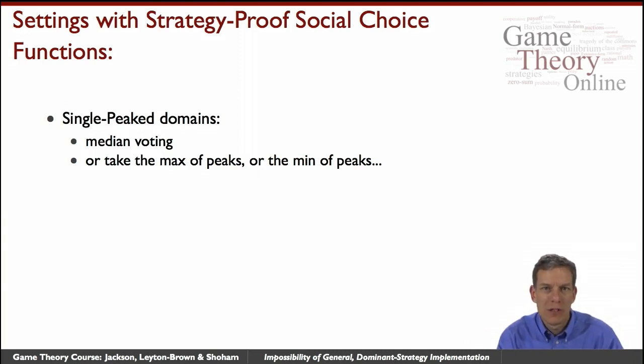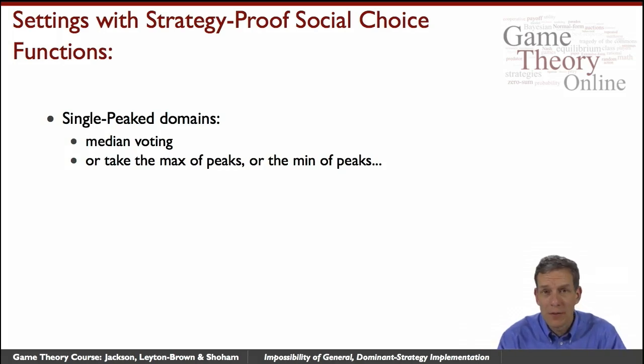But we'll find more interesting rules that we can work with. We've already seen one, in fact, median voting on a single peak domain. So as we mentioned there, if you're asked for your preferences, you have no reason to try and distort your preferences. The median peak wins, and the only way to change that is to flip over and announce something on the other side, which would be worse for a given individual.